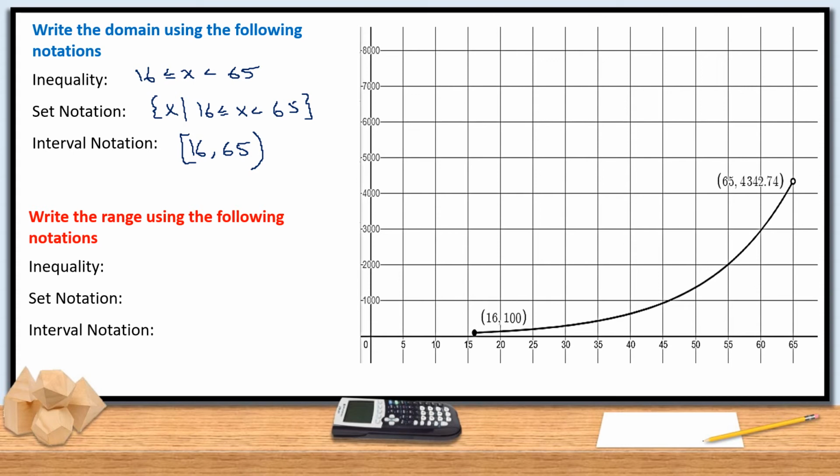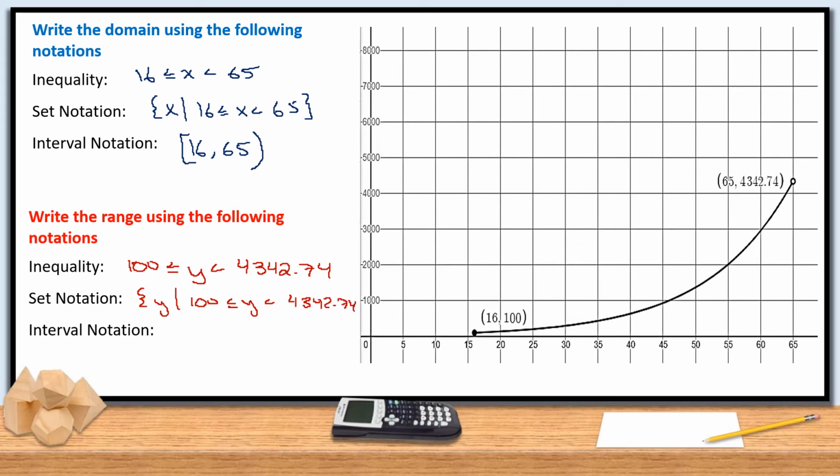All right, switch over and do the range. Lowest value, 100. Also closed circle. We can use y in this case, and 4,342.74. Set notation: y such that 100 less than or equal to y less than 4342.74.